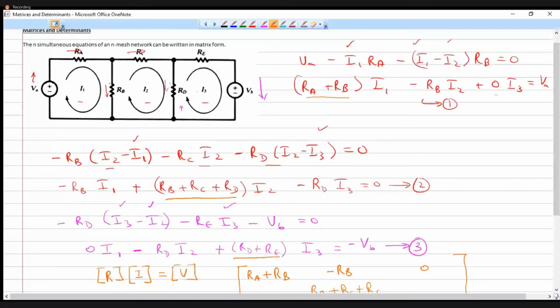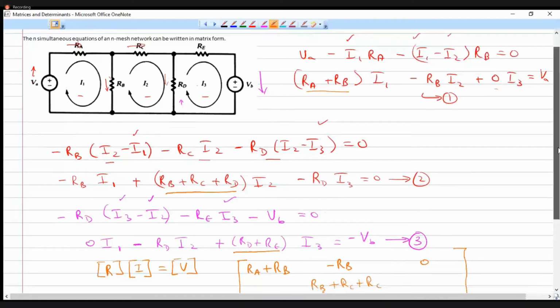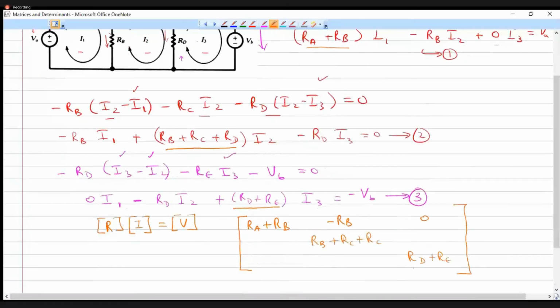Just in the matrix, you have to write RD instead of RC. This one, RB plus RC plus RD. It should be RD.